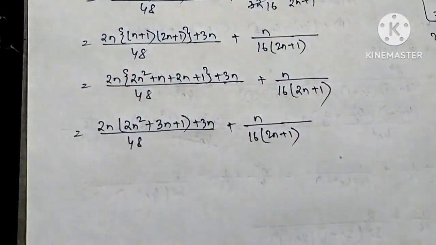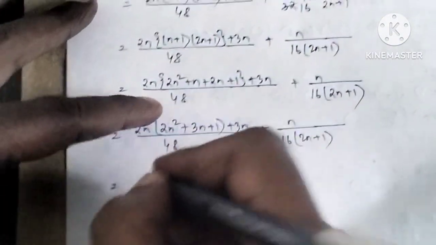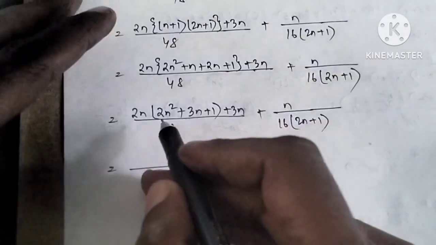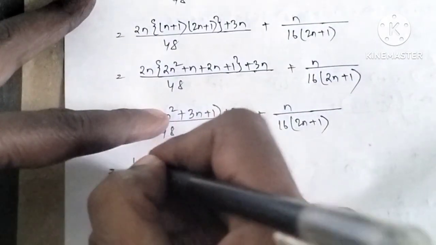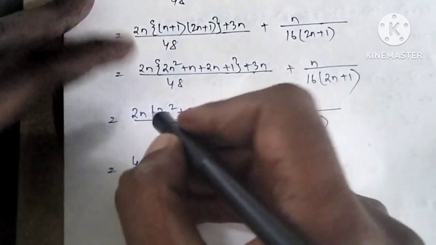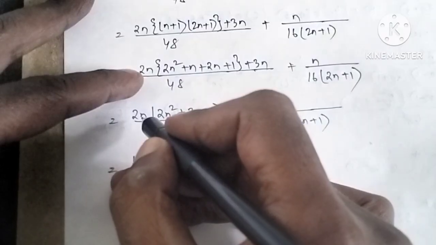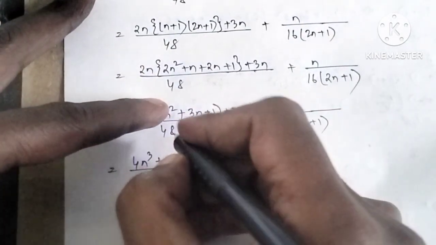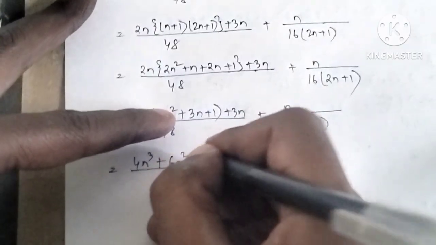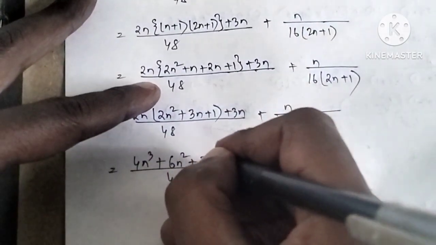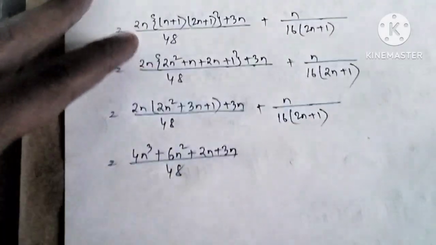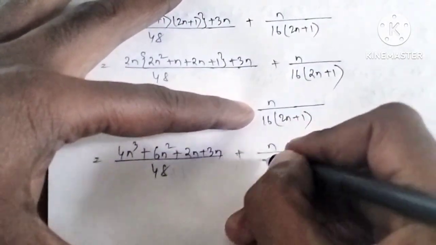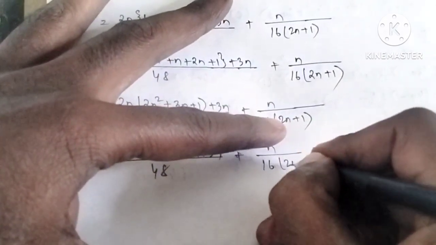So this will be 48, 4n cube plus 6n square, 2n plus 3n, plus n by 16 into 2n plus 1.